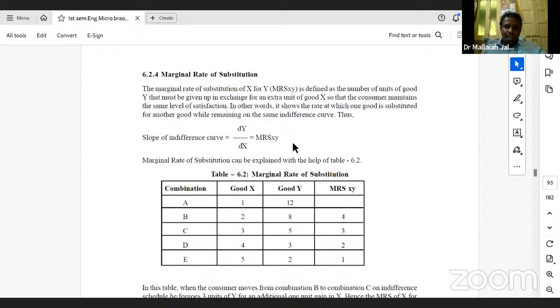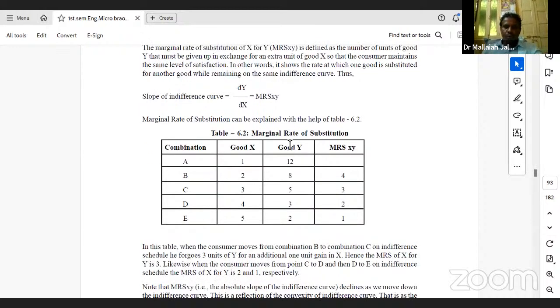Here we have seen the combinations before. For example, in A combination, X commodity purchased is 1 and Y commodity purchased is 12. In B combination, we want to increase the commodity X, and at the same time we have to lose Y commodity.